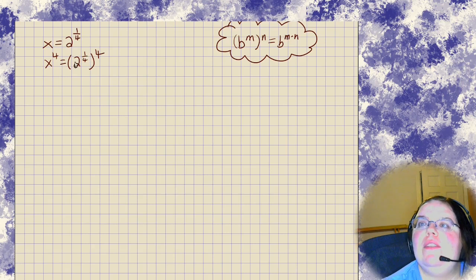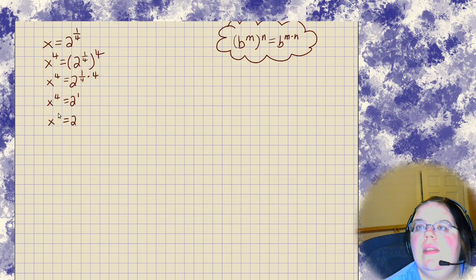Okay, so we've got 2 to the 1/4 to the 4th power, but we know that we should be able to simplify that as 2 to the 1/4 times 4, which is just 2 to the power 1, which is just 2. So now we know that our x here, if we raise it to the 4th power, should be 2.